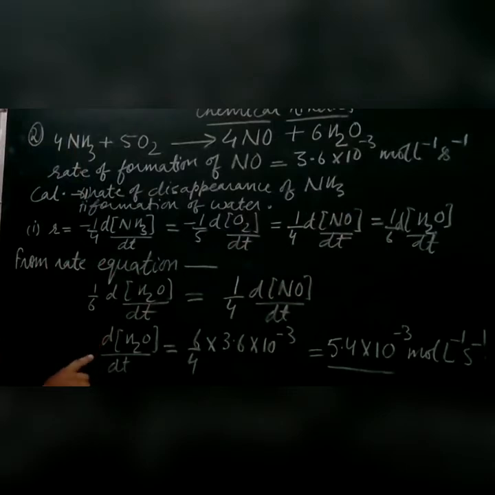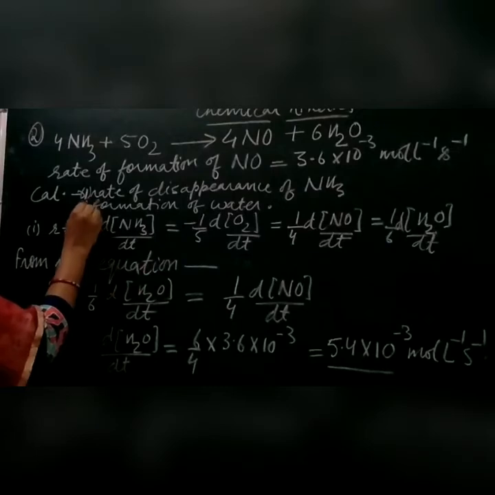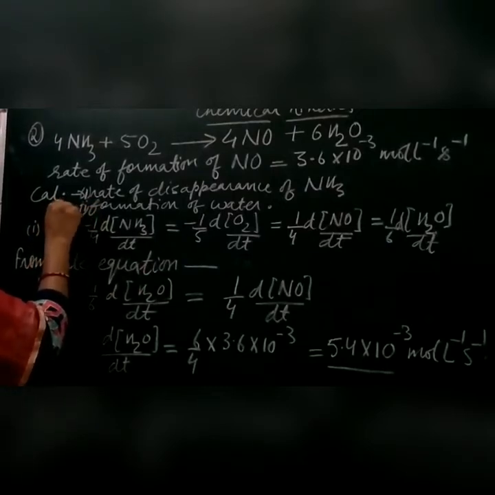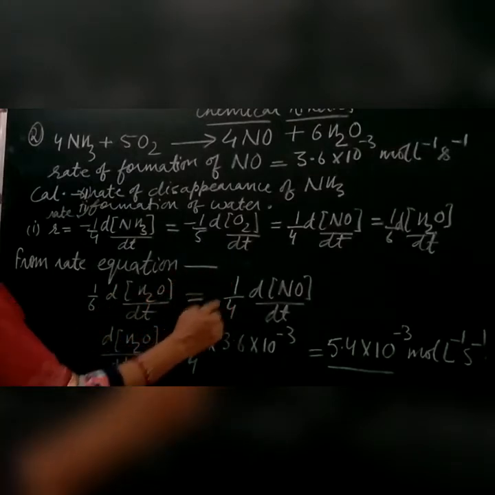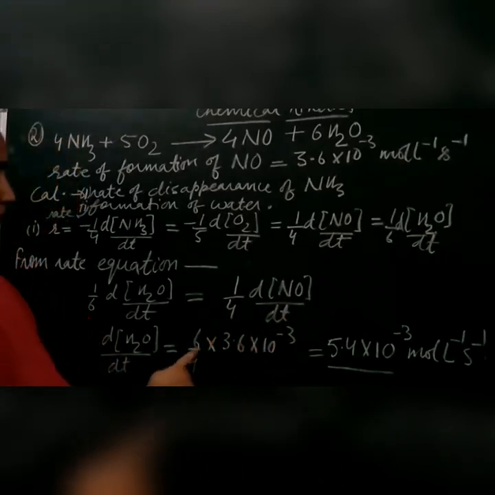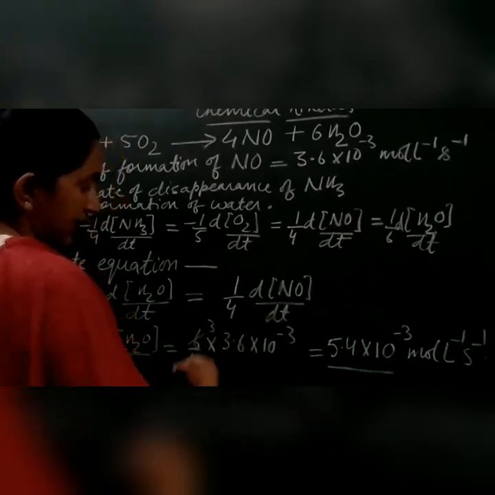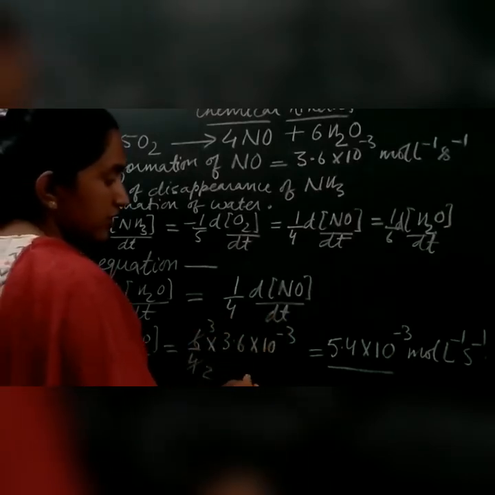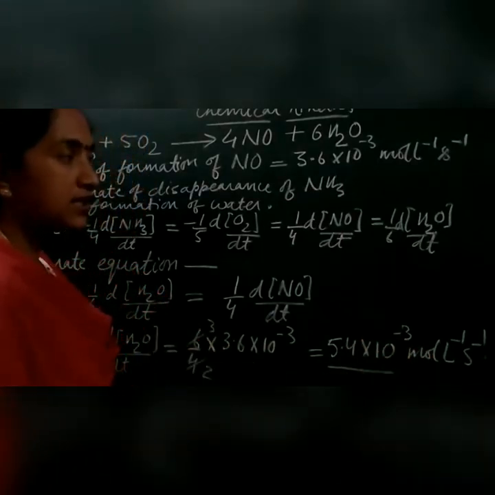So to get the rate of formation of water, or we can say the rate of appearance of water, dH2O upon dt will be equal to 6 upon 4 into 3.6 into 10 to the power minus 3, right? You can simplify it by cancelling, or directly by division. So you'll get 5.4 into 10 to the power minus 3 mole per liter per second, right?